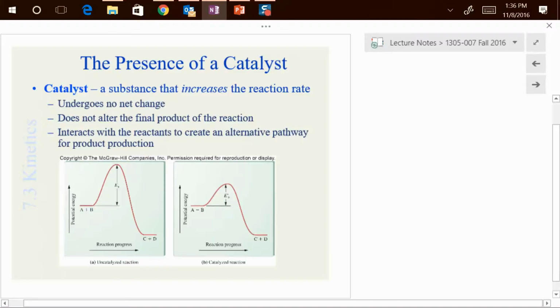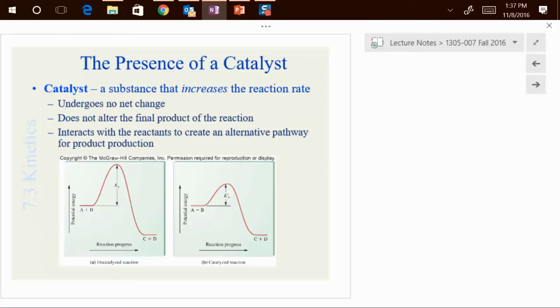And finally we get to the catalyst. So what does a catalyst do? Well, a catalyst lowers the energy requirement. Do you see your activation energy here? Your catalyst causes that activation energy to be lowered so that the reaction doesn't require as much energy, so therefore you can have more effective collisions with less energy.